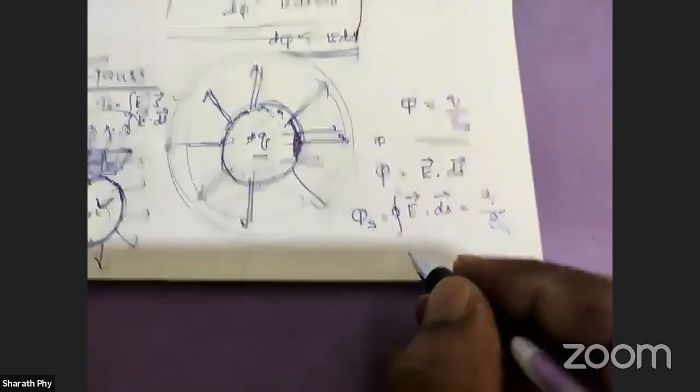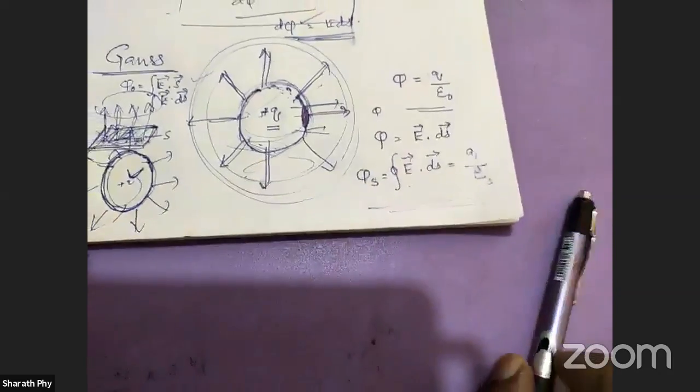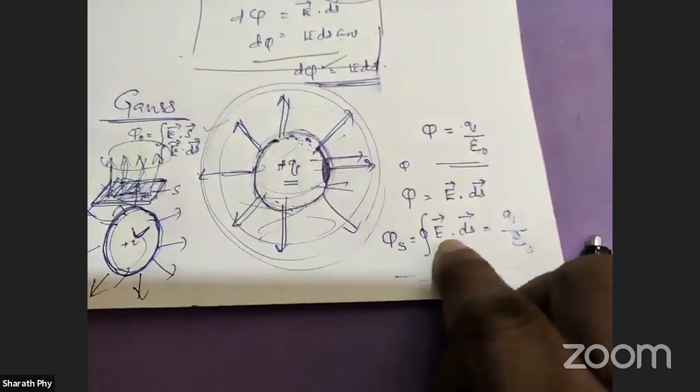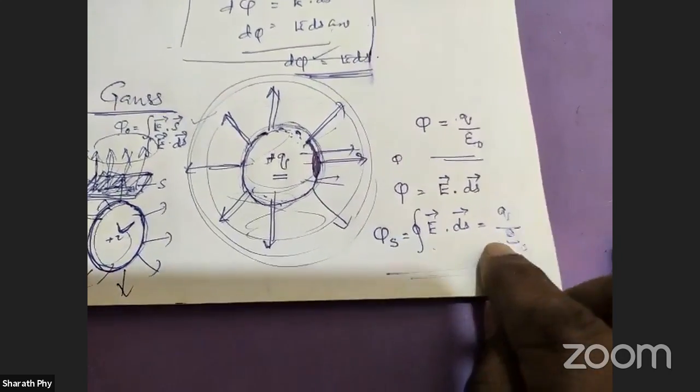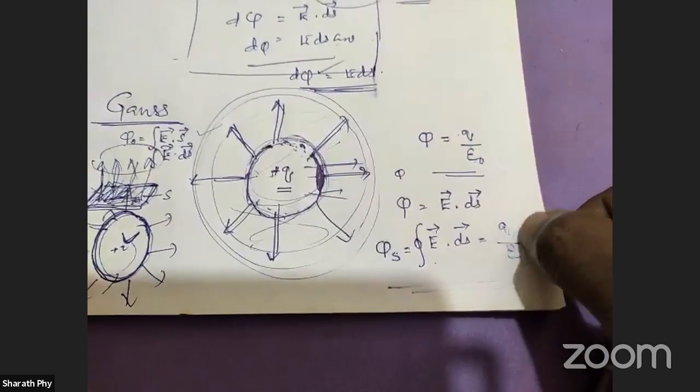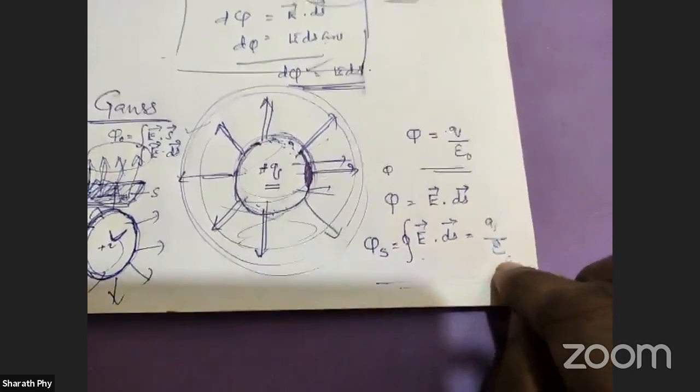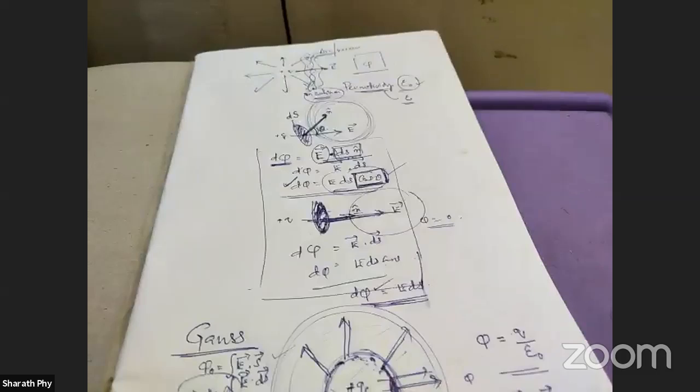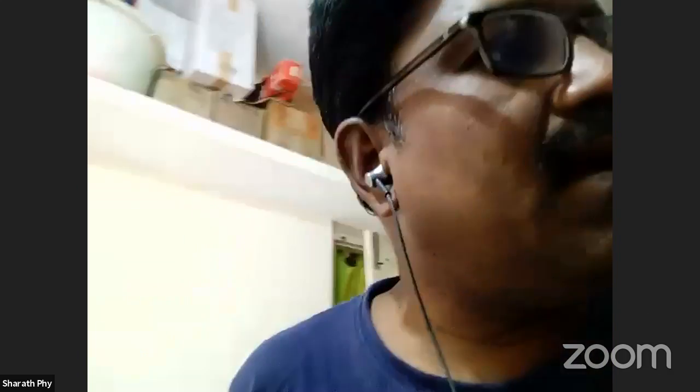So here the Gauss law: the surface integral of E bar dot dS bar is equal to the charge divided by epsilon naught. So, my dear students, the Gauss law gives us the easiest way to calculate the flux linked with a closed surface.